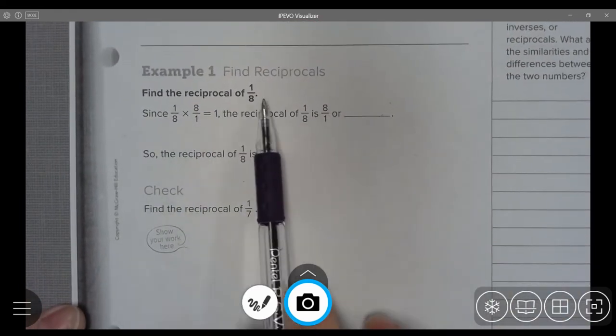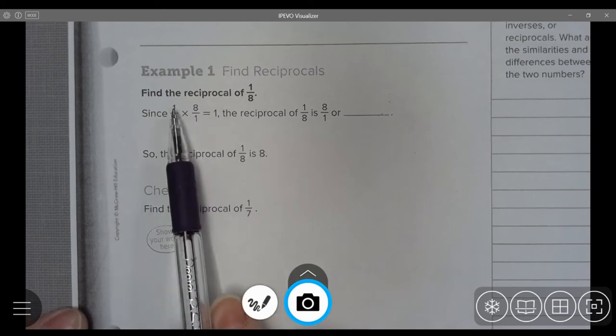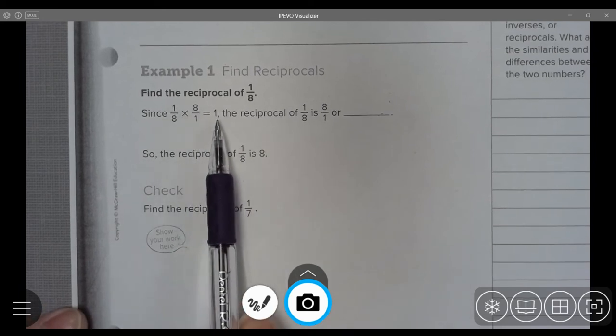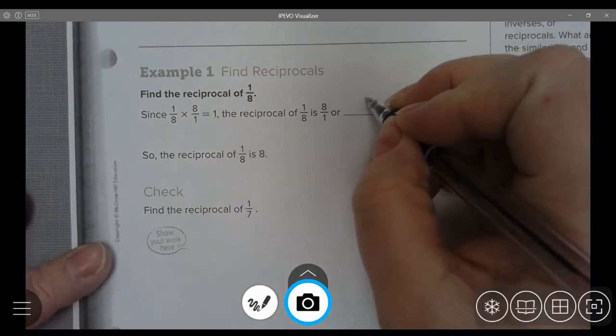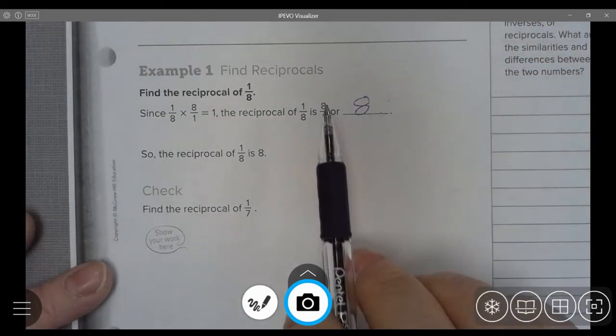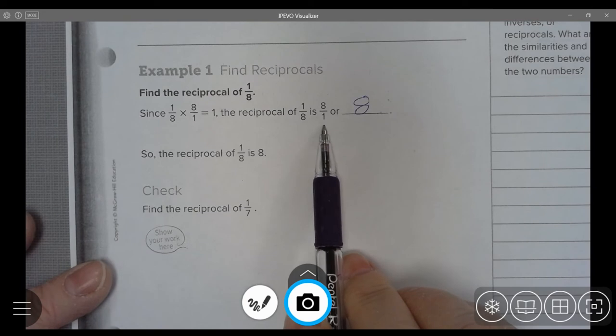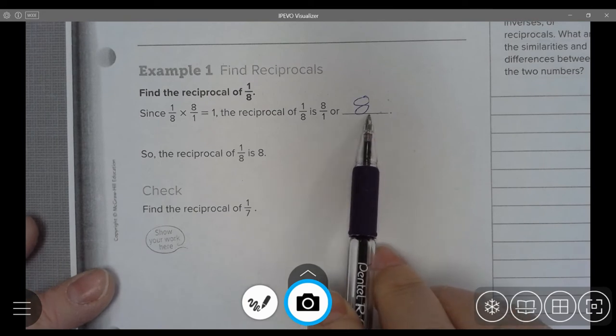Find the reciprocal of 1/8. Since 1/8 times 8/1 equals 1, the reciprocal of 1/8 is 8/1, or the number 8. Remember, any number over 1 is also the whole number.